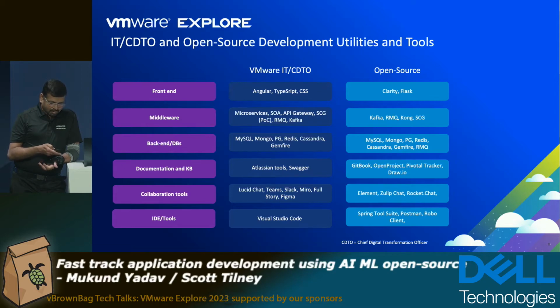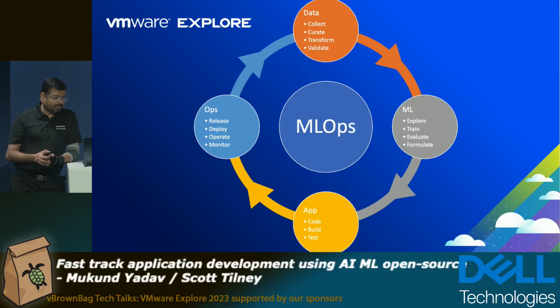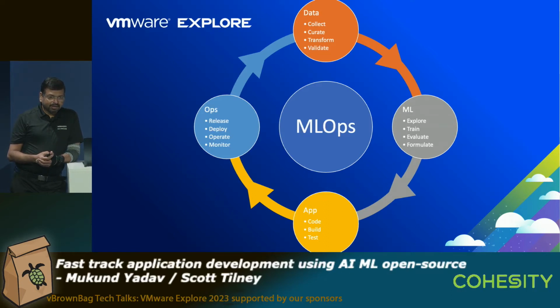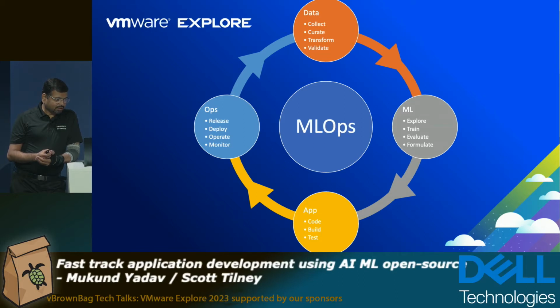So in the near future, or already, you might see that ML ops becomes the primary driving factor for all the IT related workloads. This is the high-level picture I have depicted, starting with your data and ML, how the apps are developed using the ML programs, and the operations side of it. This is going to be the new buzzword in the market, and there are various tools which can be used for ML ops.